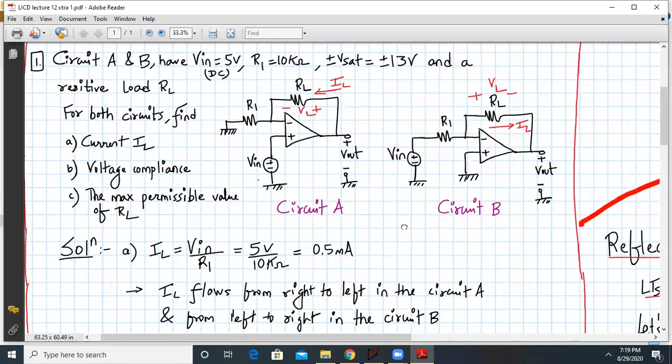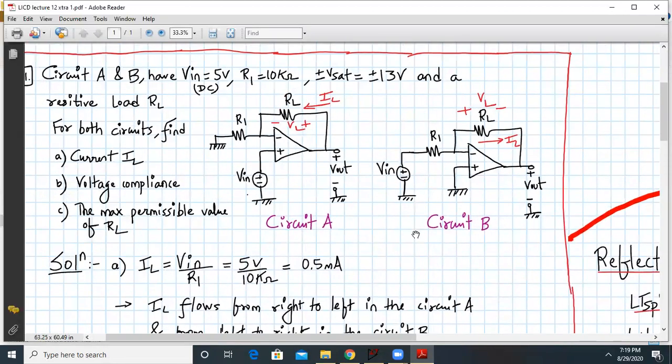So let us start. As we know, for a floating load V2I converter, the value of IL will be given by V in upon R1. Now, how is that possible? Let us quickly see that. Your non-inverting terminal is connected to V in. So the inverting terminal will also follow this non-inverting terminal by the virtual short concept because we have a negative feedback.